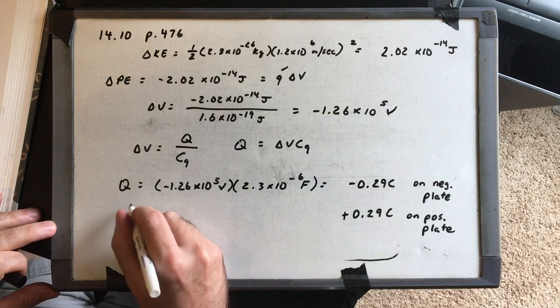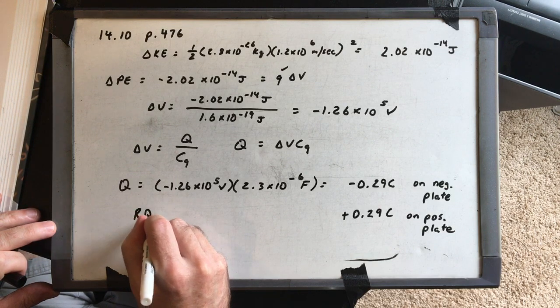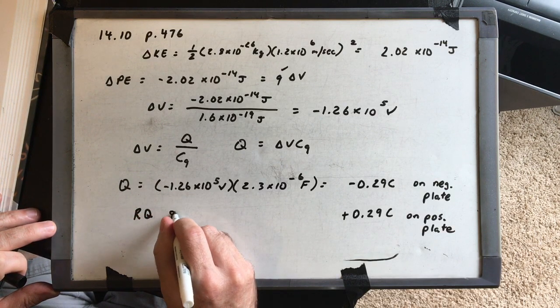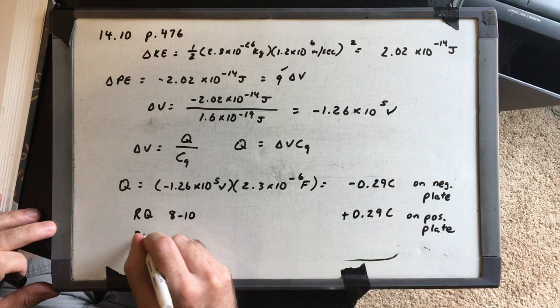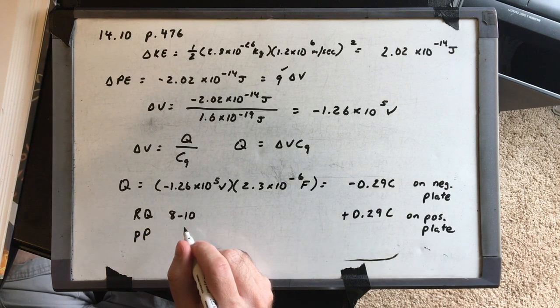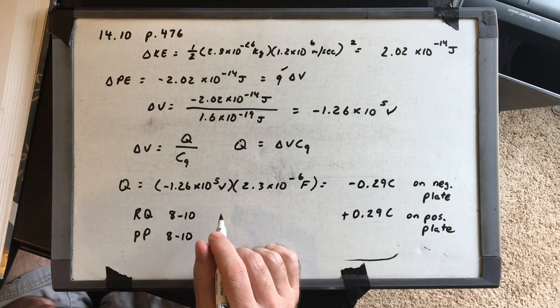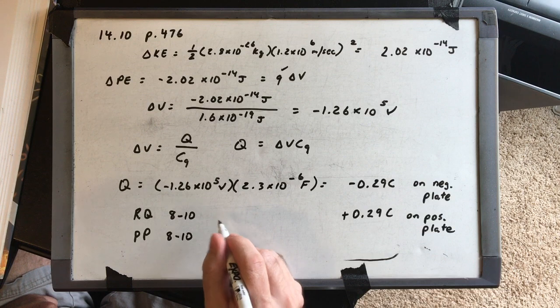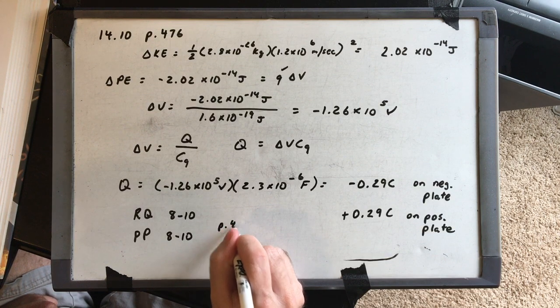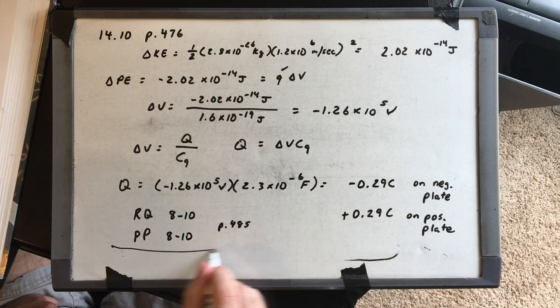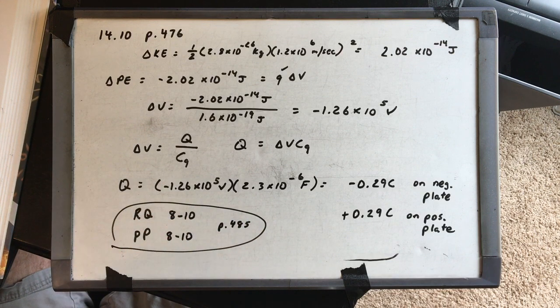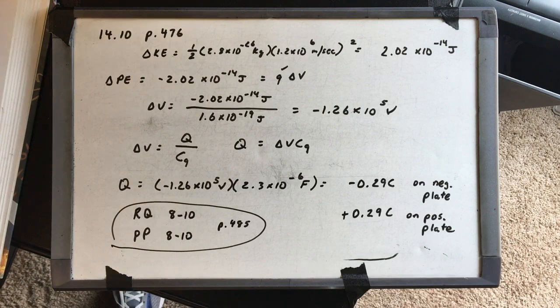Okay, so you should be able to do review questions 8 through 10 and practice problems also 8 through 10. And then, of course, all the extra practice problems when you complete that. So this starts on page 485. All right, so there's another chapter in the books, and I'll talk to you next video.